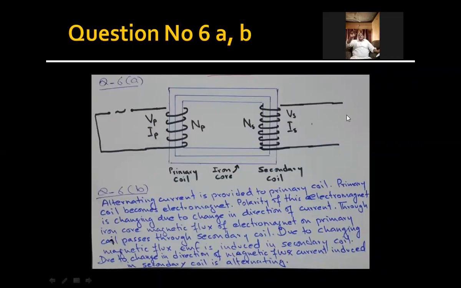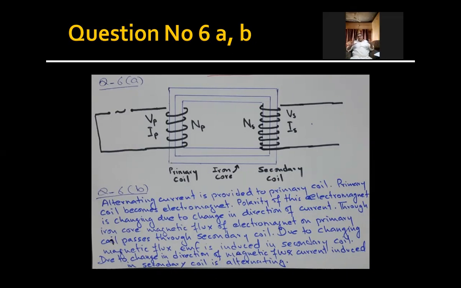So try to understand. In this primary coil, I have connected an alternating supply. When the alternating current comes into this coil, due to the presence of the current, the primary coil will become an electromagnet.